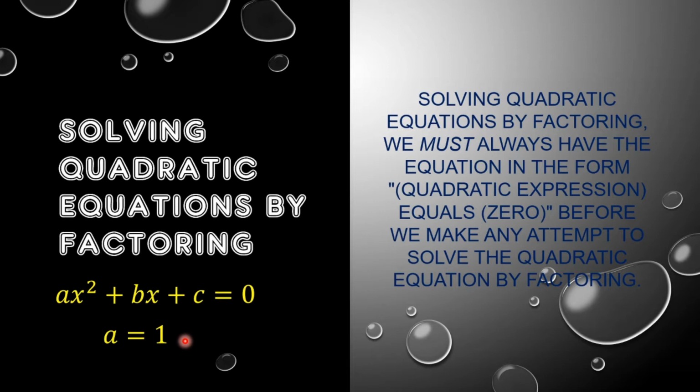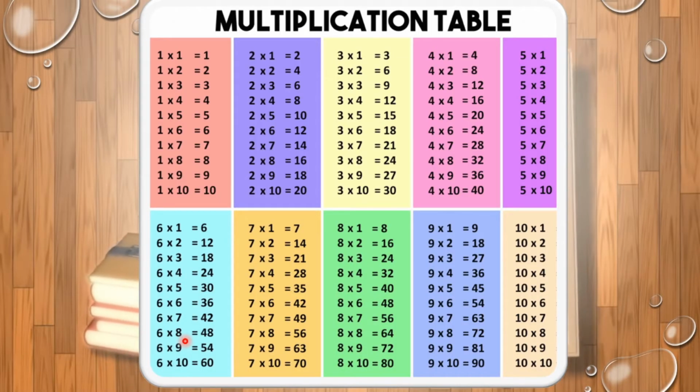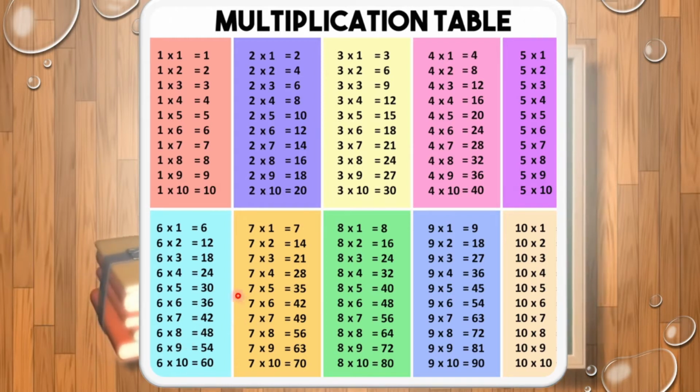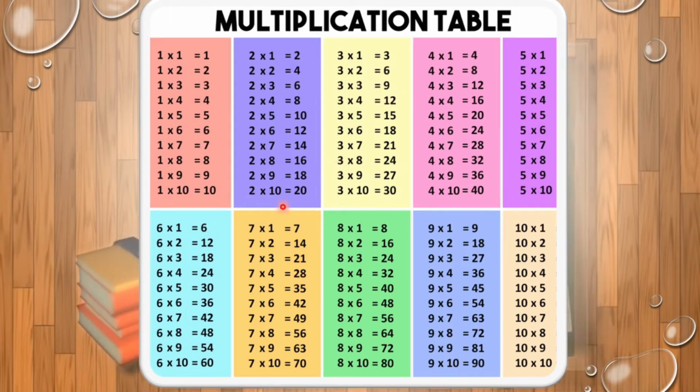So before we proceed to our topic, which is factoring of quadratic equations, let us review first our multiplication table, because in this topic we need the multiplication table in order to find the exact factors of the given numbers in the quadratic equation.